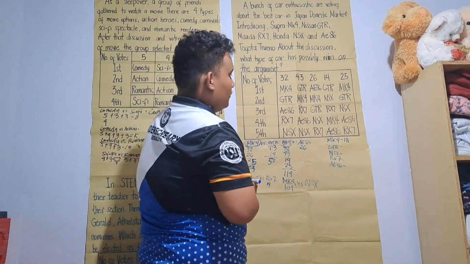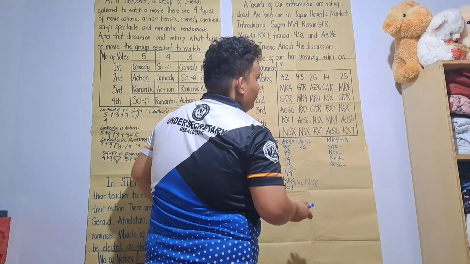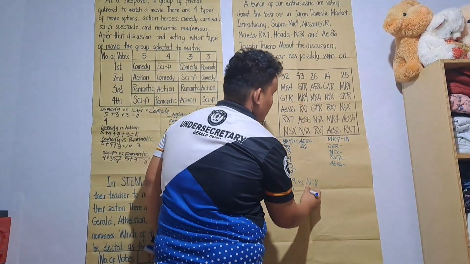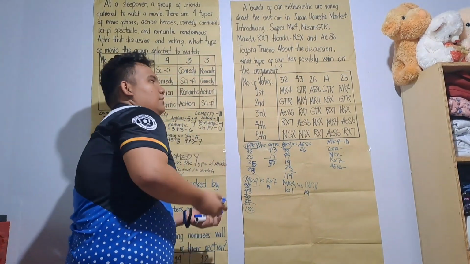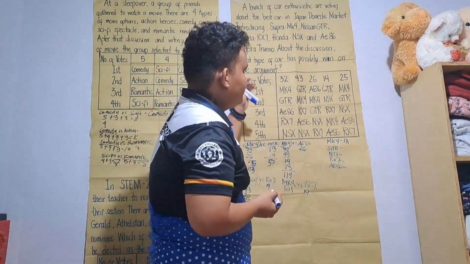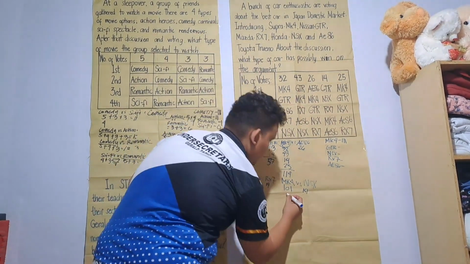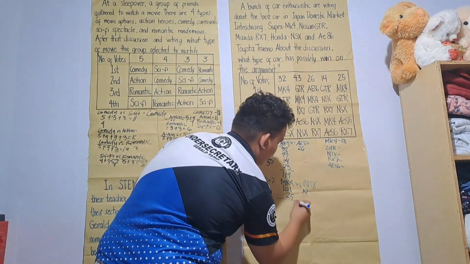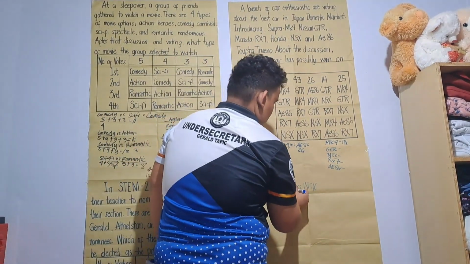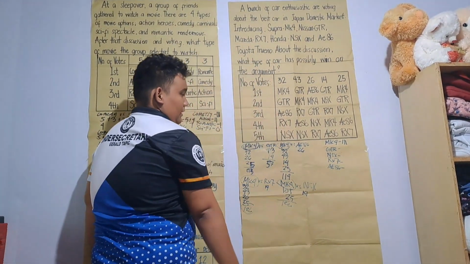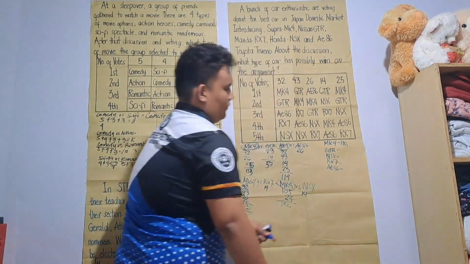Then in the fourth column, NSX is first than MK4. Then the 14 voters goes to NSX. In the last, MK4 is first than NSX. So meaning the 25 voters goes to MK4. So 126. Then MK4 has won the matchup and MK4 has a total of 4 points now.